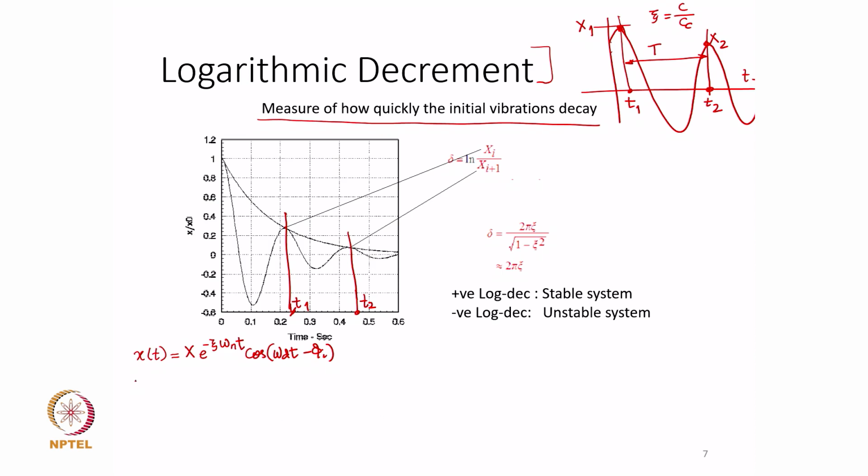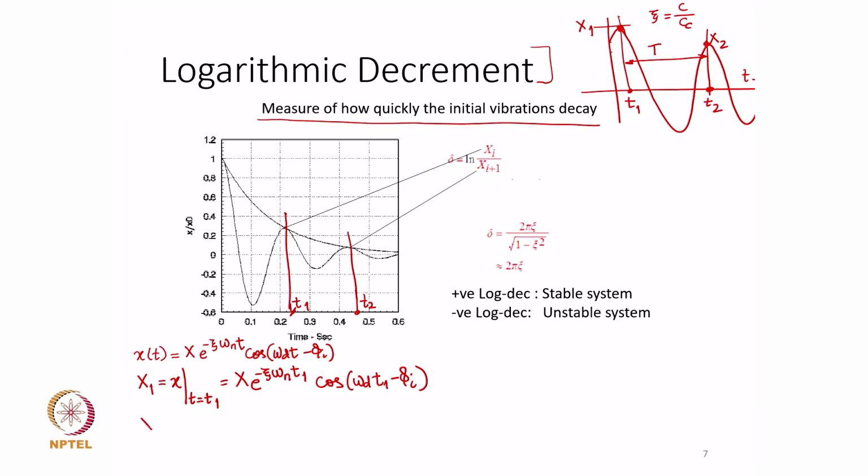I can use this to get the value of the response at time t equal to t 1. So, x 1 is actually x at t is equal to t 1, and how much will that be? It will be simply by substituting minus zeta omega n, and this t I will substitute with t 1, and then this is going to be cos omega d t 1 minus phi I. Is that okay?